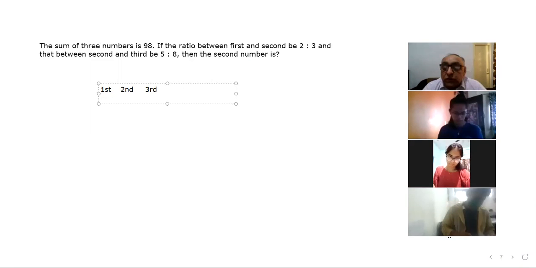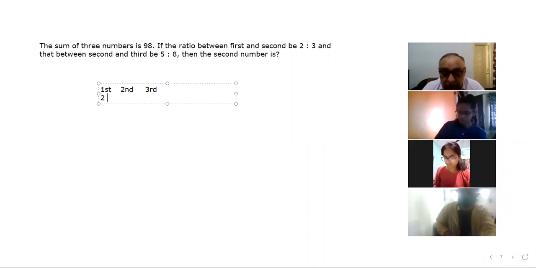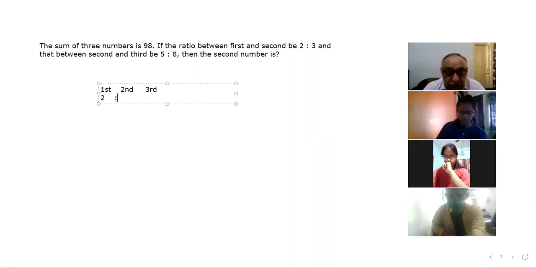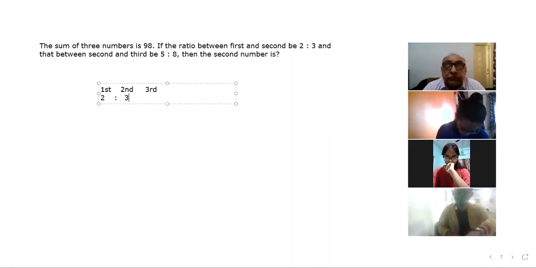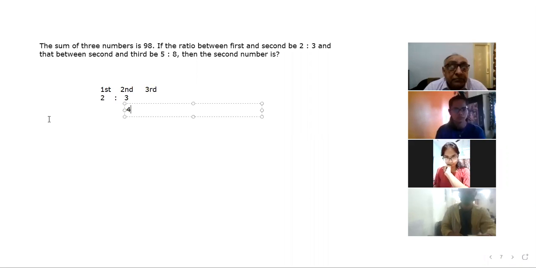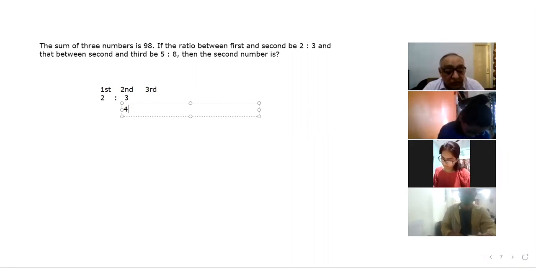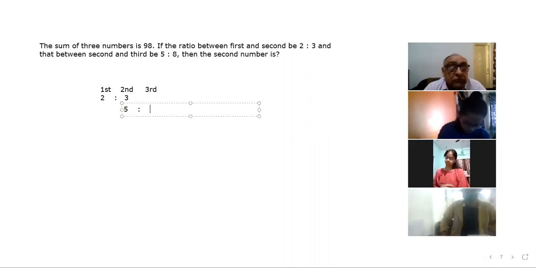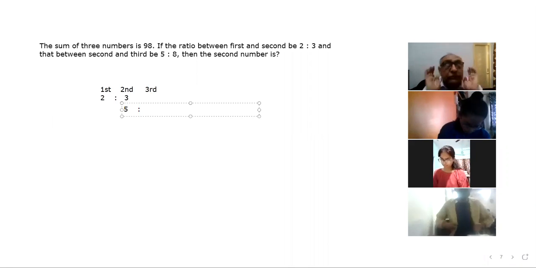Now, number first and number second are in the ratio of 2:3, right? And number second and number third are in the ratio of 5:8. It's given.